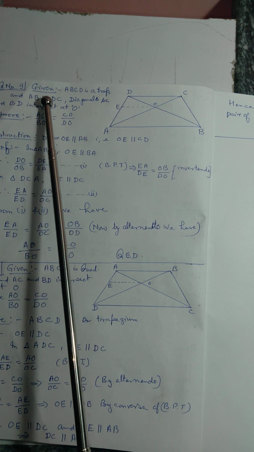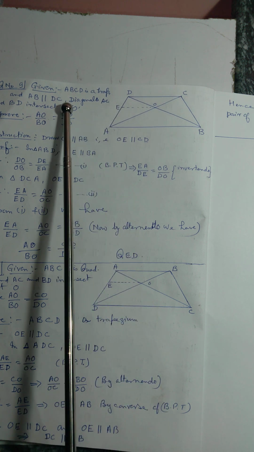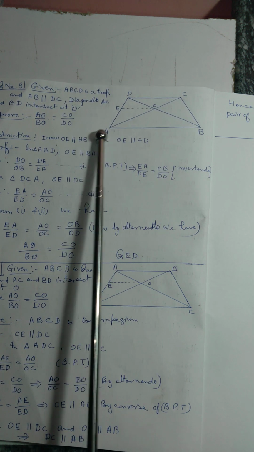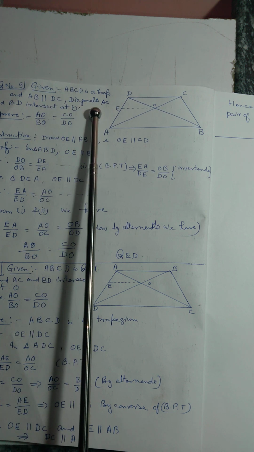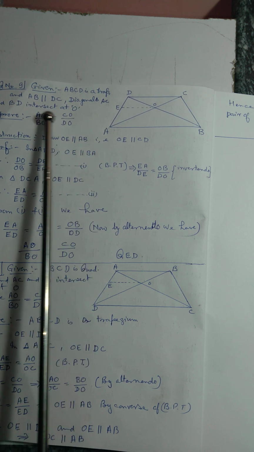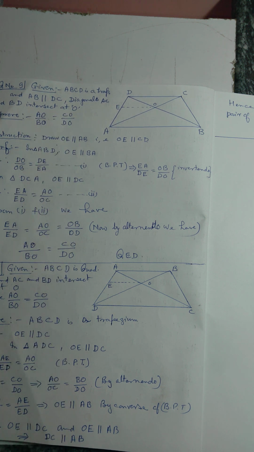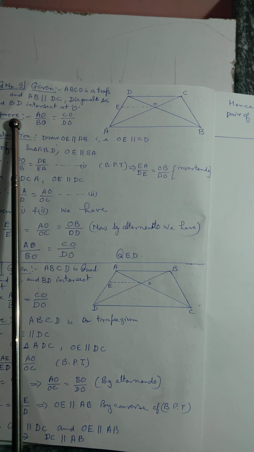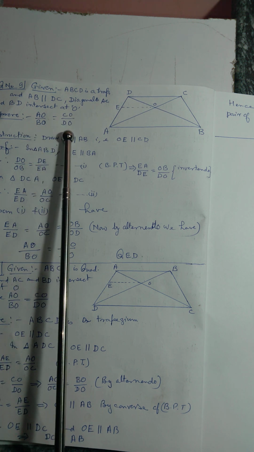ABCD is a trapezium, where AB is parallel to DC, and diagonals AC and BD intersect at O. We have to prove that AO by BO is equal to CO upon DO.